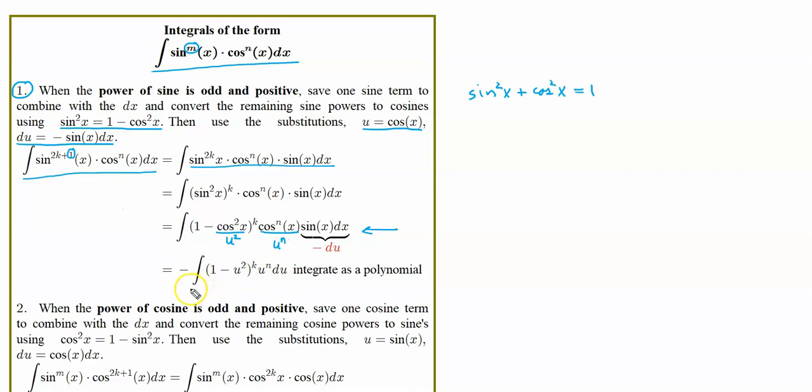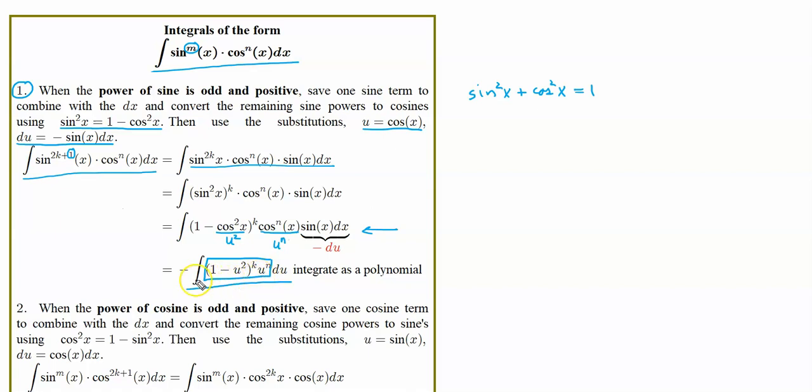And then we end up with this integral down here. You see what we have here is 1 minus u squared to the kth power times u to the nth power. Now this is just going to be a polynomial in the variable u, and we can easily integrate polynomials.